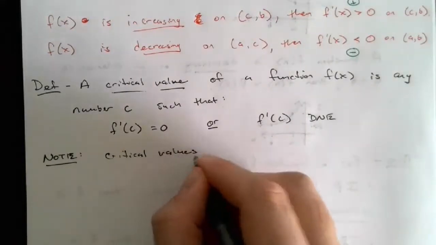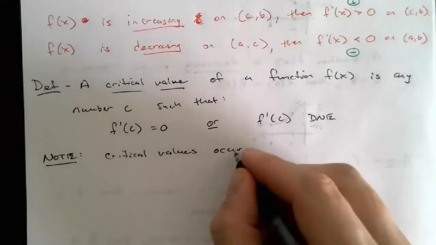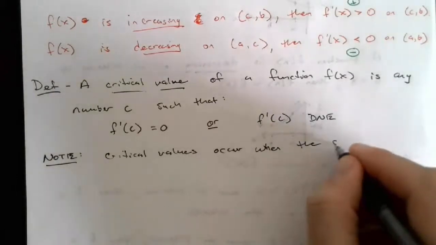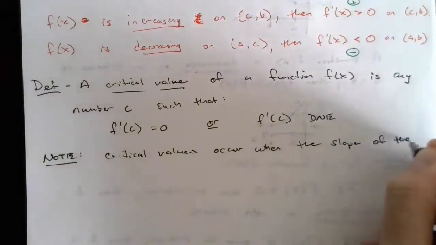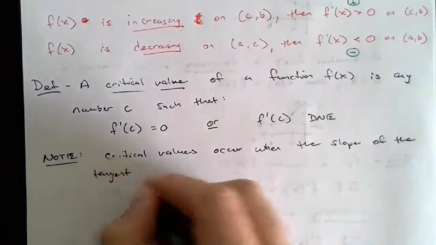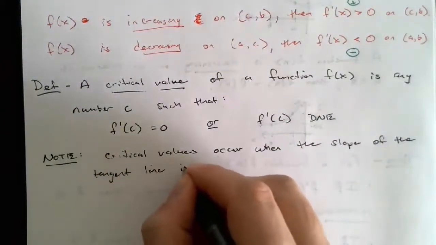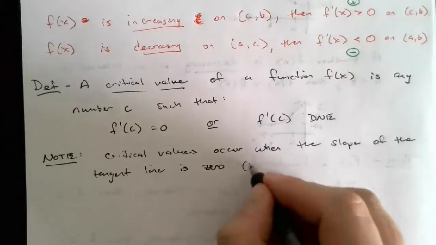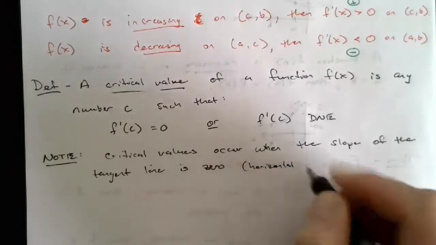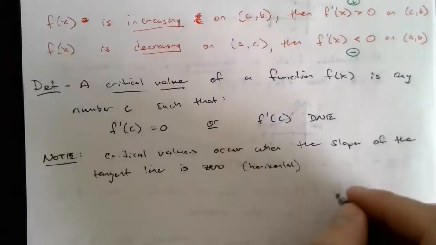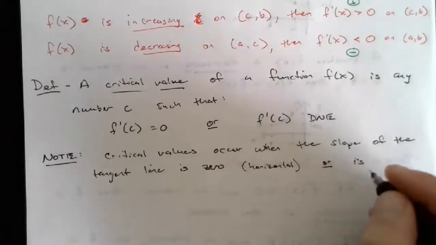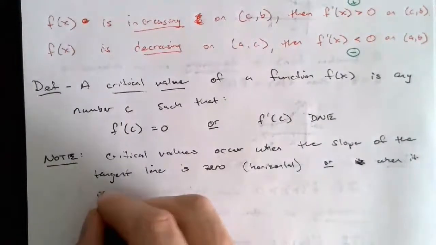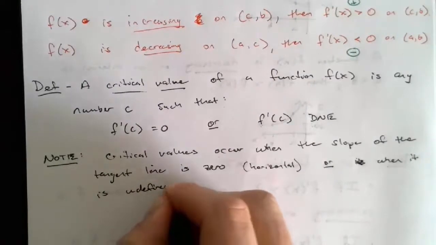Critical values occur when the slope of the tangent line is 0, meaning that the tangent line will be horizontal, or when it is undefined.